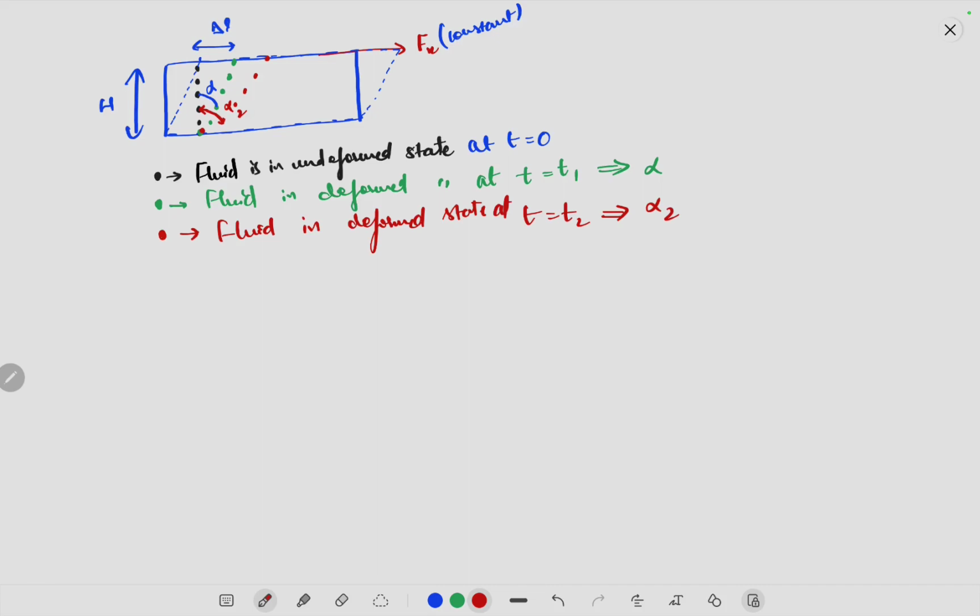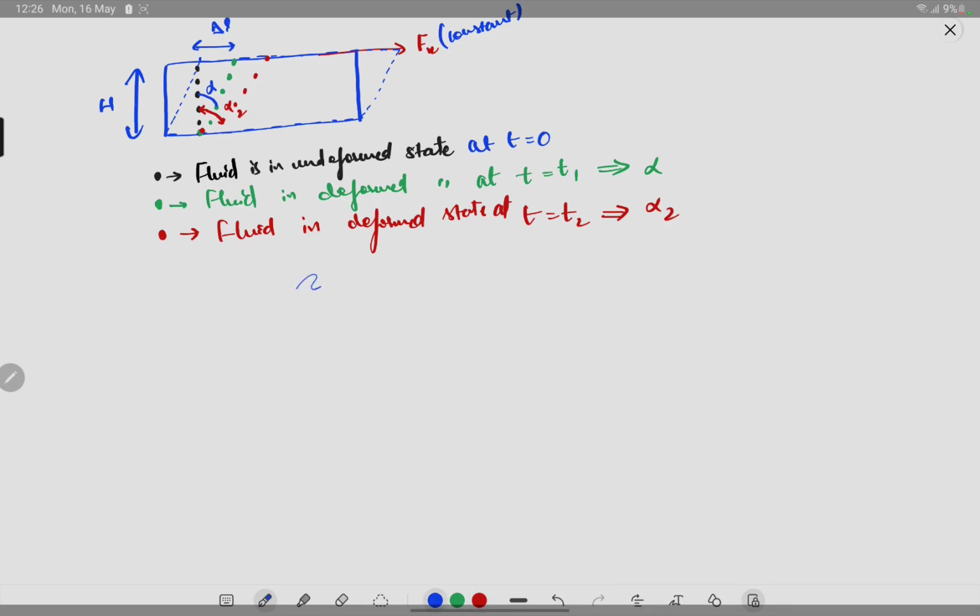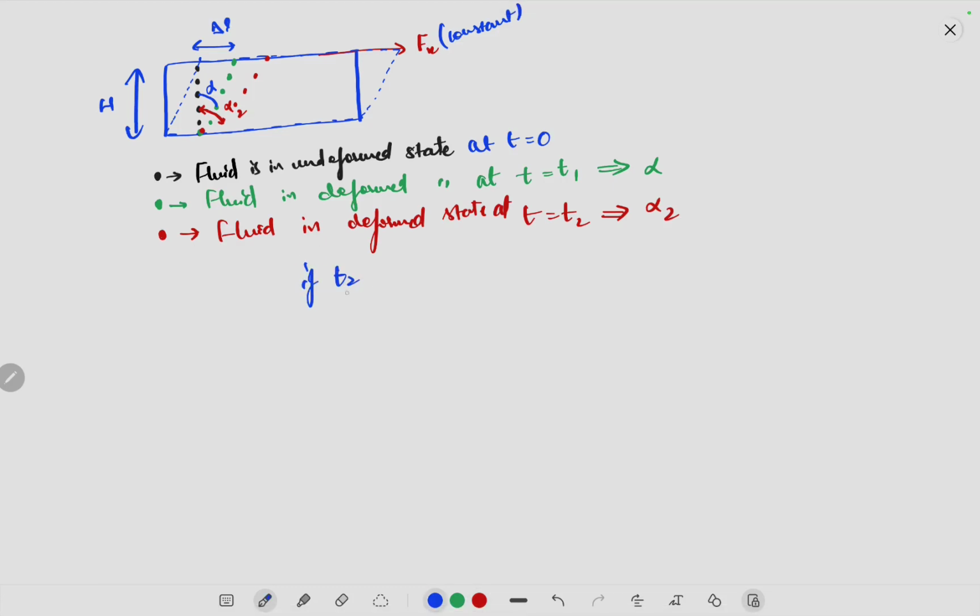It has been seen for the fluids that if your time t2 is equal to 2t1, this alpha 2 is also 2 alpha.